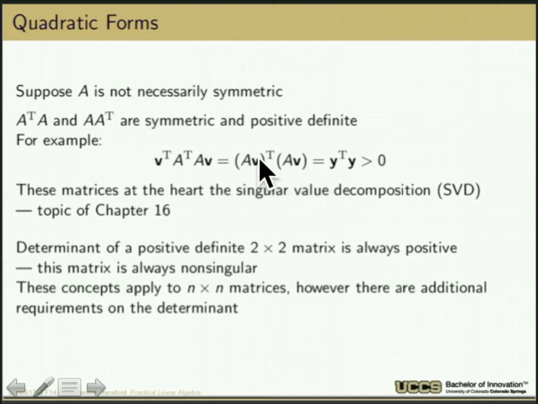We'll call this vector Y, and this one Y transpose, just substituting variables. This is equal to Y transpose Y, which is greater than 0 because Y can't be orthogonal to itself, as long as it is not the 0 vector. If it's a 0 vector, obviously it will be equal to 0. But Y transpose Y is a squared distance, so it's greater than or equal to 0.